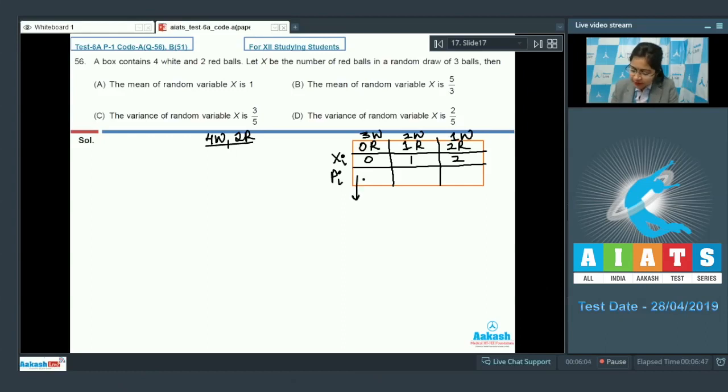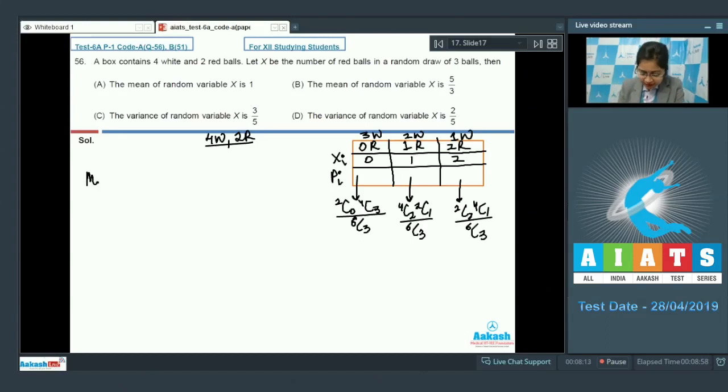Its probability will be, we have to draw 0 red balls from 2 red balls, that is 2C0 into 4C3 divided by 6C3, and here we will have 4C2 into 2C1 upon 6C3, and here we will have 2C2 into 4C1 upon 6C3.